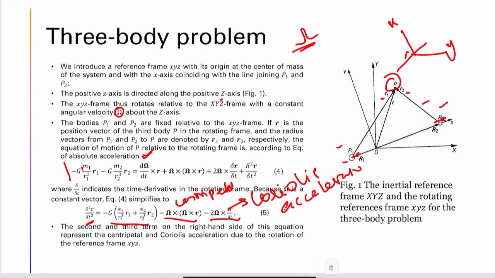So this represents acceleration due to the rotation of the frame xyz. This term represents the centripetal acceleration, and this term represents the Coriolis acceleration. These are the two accelerations represented by this equation.